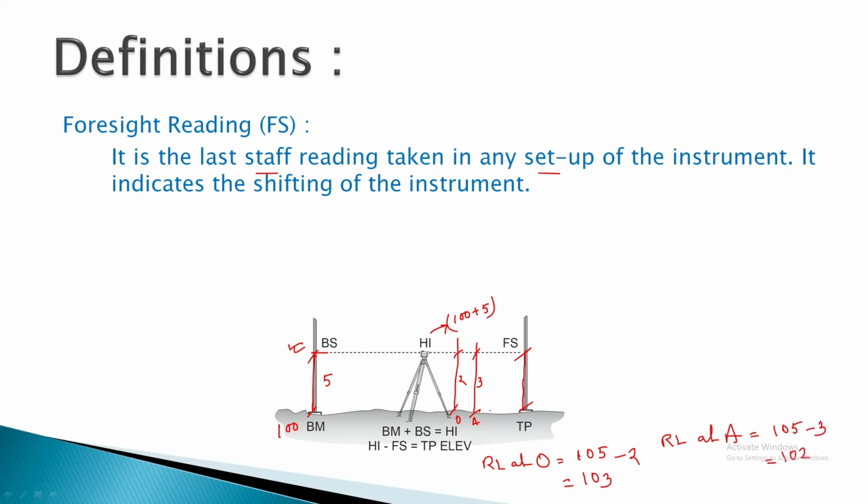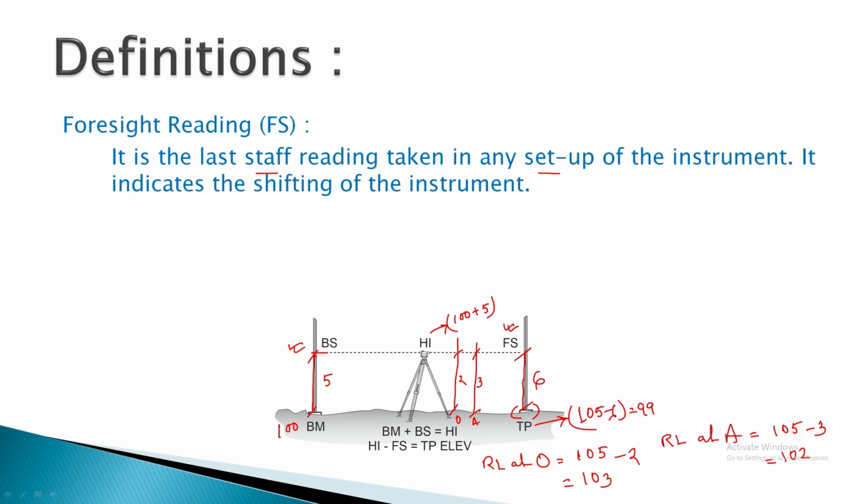In this way the RL values of various points can be determined by taking the intermediate sight readings. Now in this case, the point TP, you can see this is the point TP. If you consider the foresight reading, the FS is 6. So the RL value at TP will be 105 minus 6, that is 99.